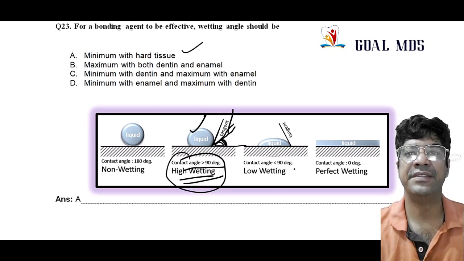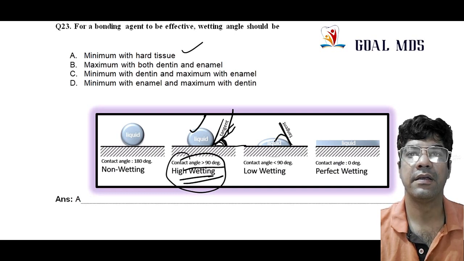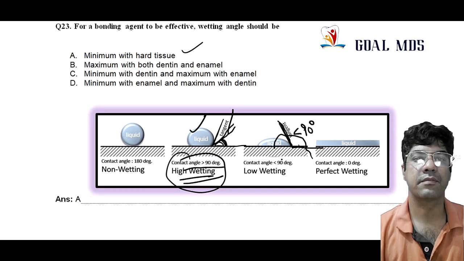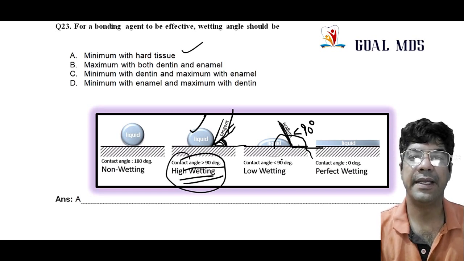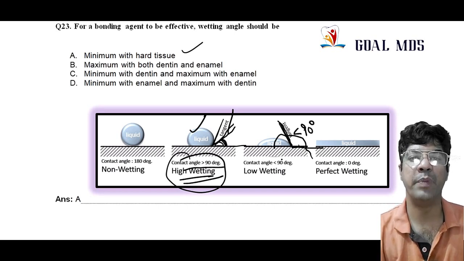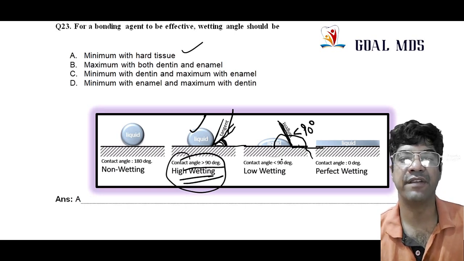When the angle is greater than 90 degrees, it indicates poor wetting and the liquid tends to bead up rather than spread out on the surface.